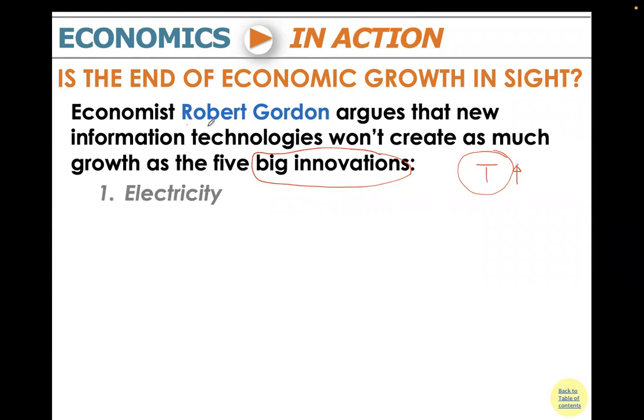For now, we usually take them for granted, but in human history, particularly after 1900, they changed how we live, how we work, and improved our productivity and our standard of living dramatically. First is electricity. Second is the internal combustion engine. Essentially, that's the car. Most of the cars we rely on use this technology.